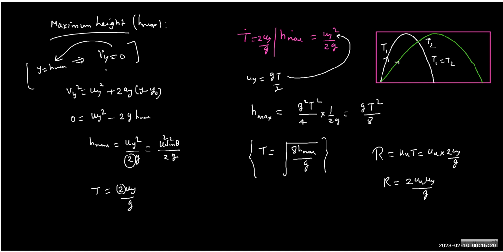It's twice the product of the components upon g. Then you substitute U cos theta, U sin theta, and you get the range as U square... So what is the maximum range?